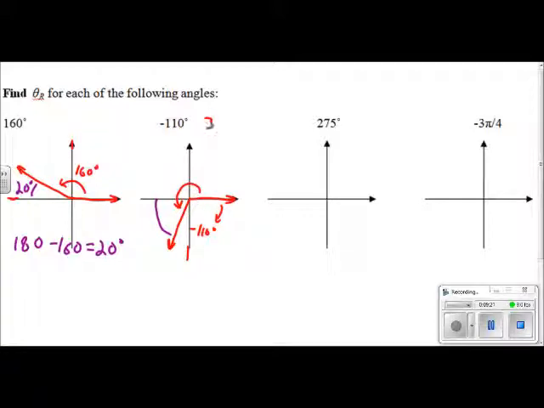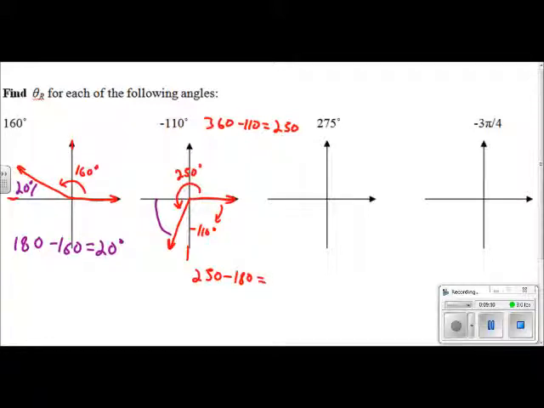It might be easier to find out what this angle is first. We would say 360 minus 110 comes out to 250. So this is a 250 degree angle because 250 is coterminal to negative 110 degrees. Now that we have 250, we can say 250 minus 180. That's going to be our way of finding the reference angle here.